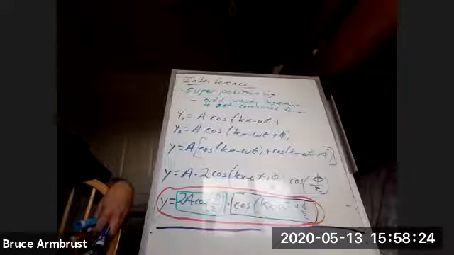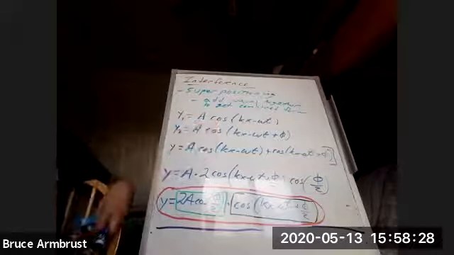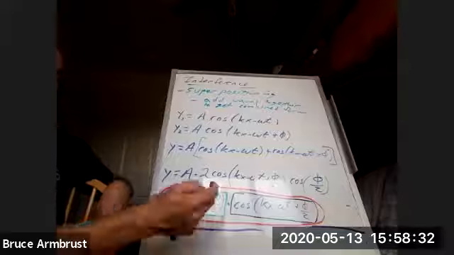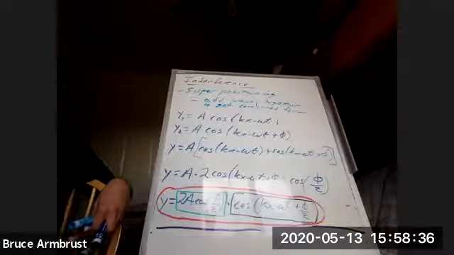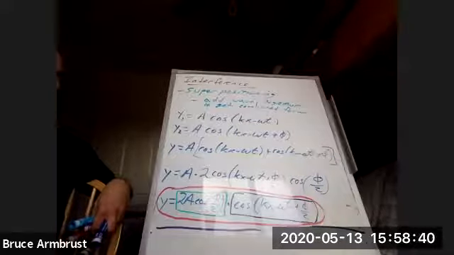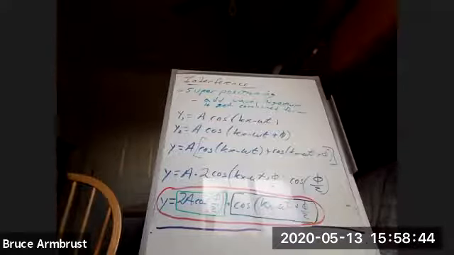Phi was how far out of phase these two were. So once you tell me how out of phase they are, I divide it by 2, put it in here, and I just get a number. So all of this, the 2a cosine of phi over 2, is the amplitude of this combined wave.